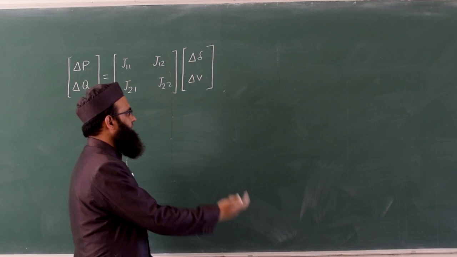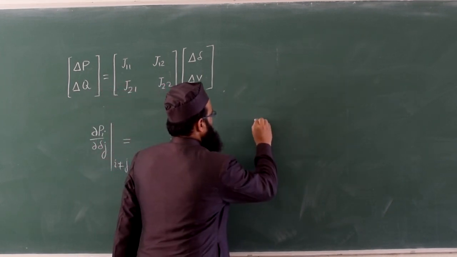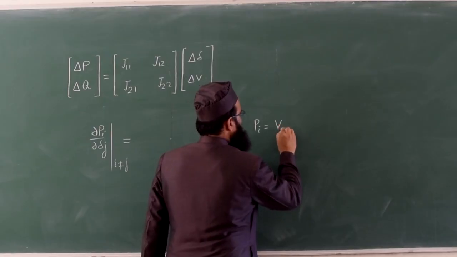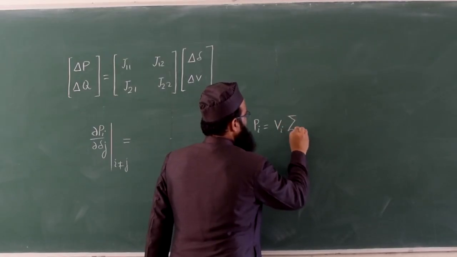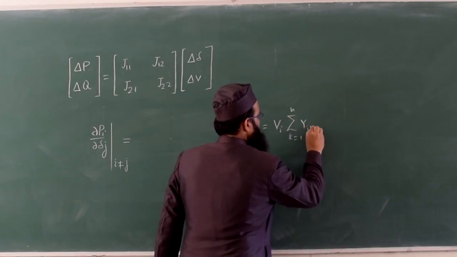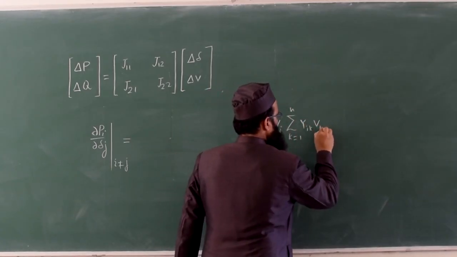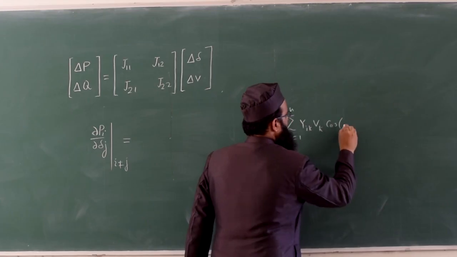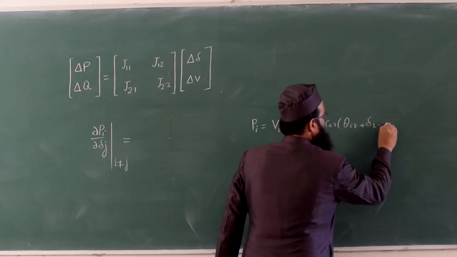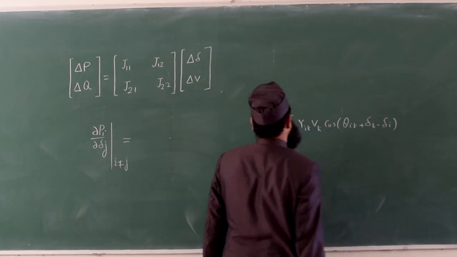The active power injected at the ith bus, Pi, is given by what we wrote earlier: Vi summation k equal to 1 to n Yik Vk cosine of theta ik plus delta k minus delta i.